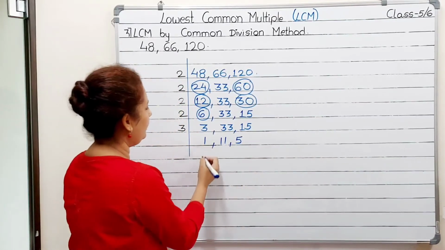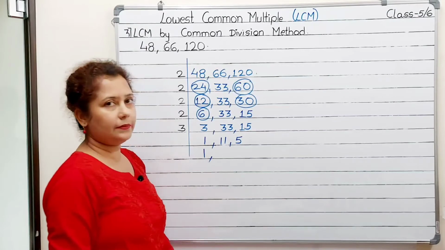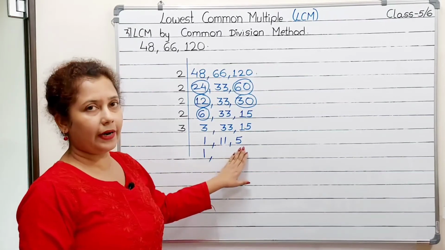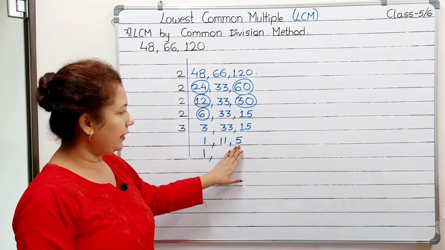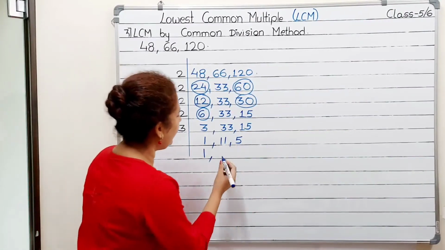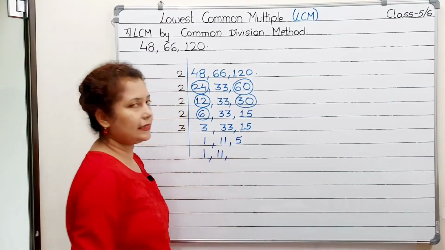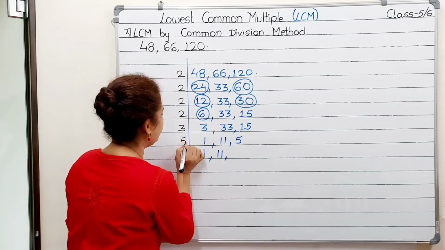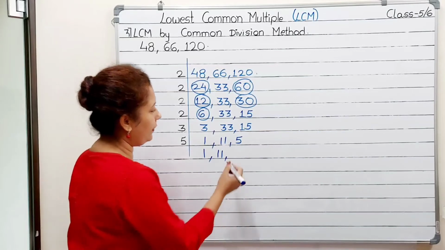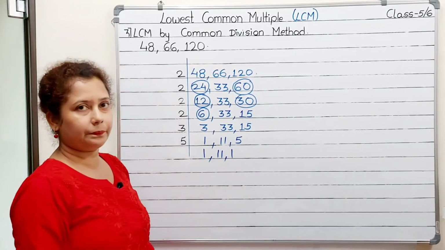Now here 1 will go down as it is. So we will see the next prime number. The next prime number is 5 and 5 can divide 5. So we will write 11 down as it is and we will divide 5 by 5. So 5 divided by 5 is 1.